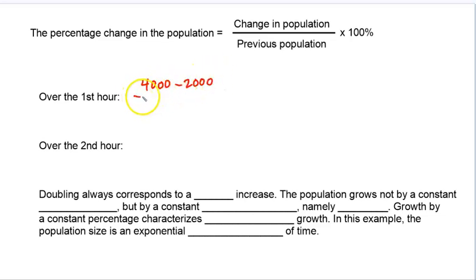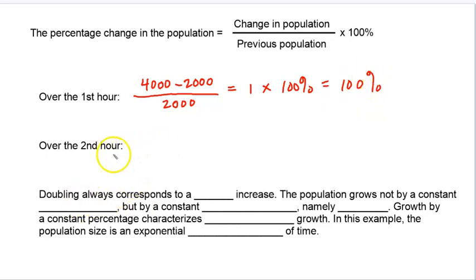So I'm just doing a review of how we find the percentage change in data. So we find the difference between the 2 hours divided by the original, which we started with 2,000. So this is 2,000 over 2,000, which is, of course, 1 times 100%, and that represents a 100% increase.